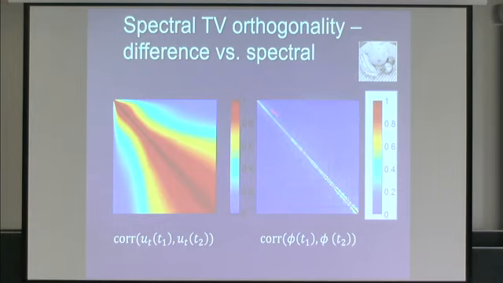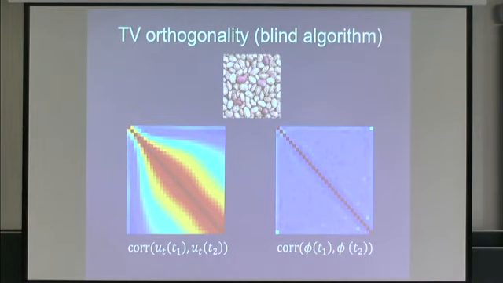The decomposition is almost orthogonal numerically. When we do the blind algorithm, these are fewer bands, but it behaves similarly. The difference is quite correlated, and the spectral decomposition is very low correlated, almost orthogonal.